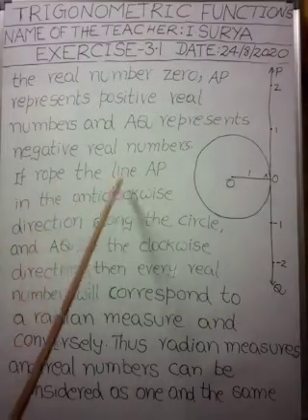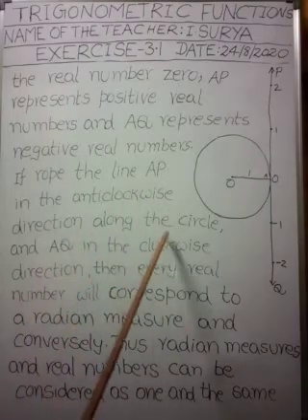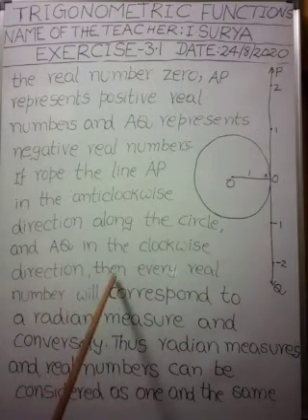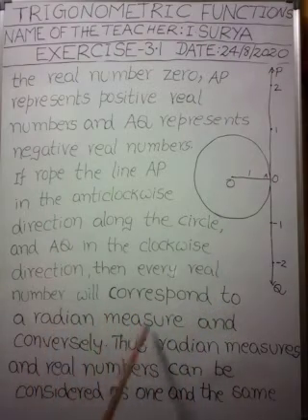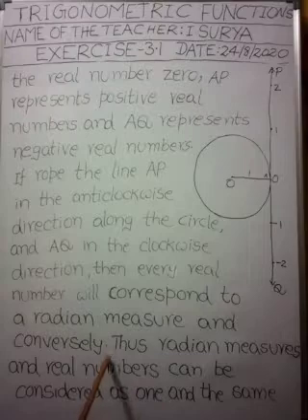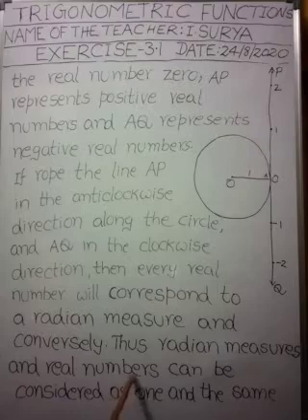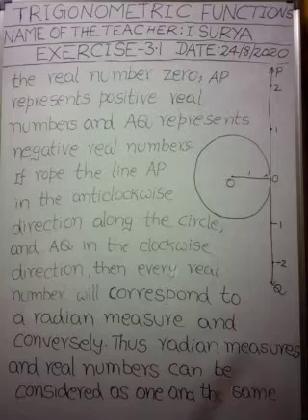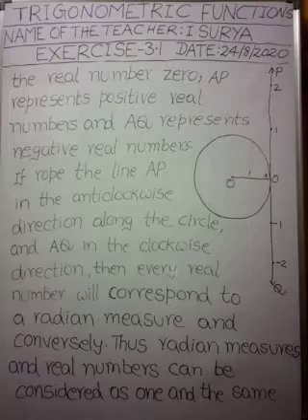If we rub the line AP in the anti-clockwise direction along the circle and AQ in the clockwise direction, then every real number will correspond to a radian measure and conversely. Thus, radian measures and real numbers can be considered as one and the same. Okay, my children, this is the relation between radian measures and real numbers.